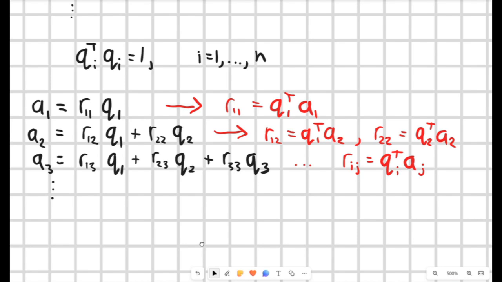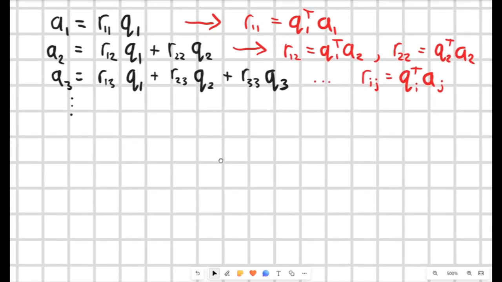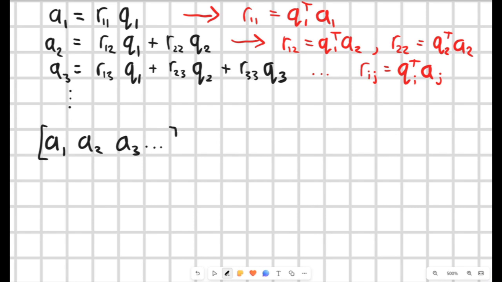So now we're going to assemble these results into basically a sort of matrix form, and in doing so complete the QR decomposition. So again, we're going to write our matrix A as columns. On the left hand side, we have a matrix that's made up of columns A1, A2, A3, and so on.